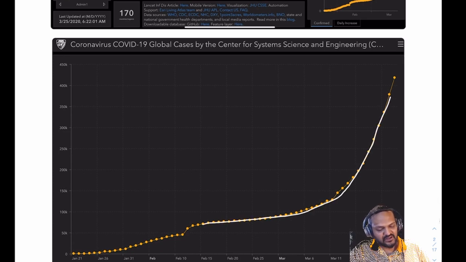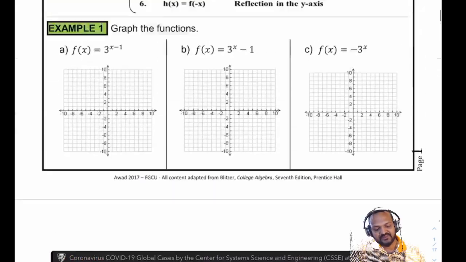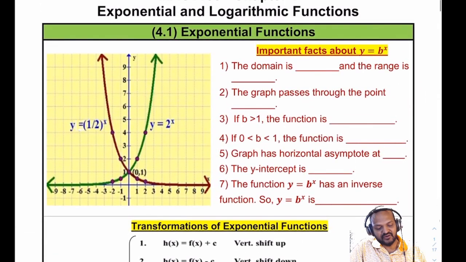And if you talk to any population biologist, they'll tell you that this is exponential growth. I'm sure you've heard the term exponential growth, and it comes from these exponential functions.